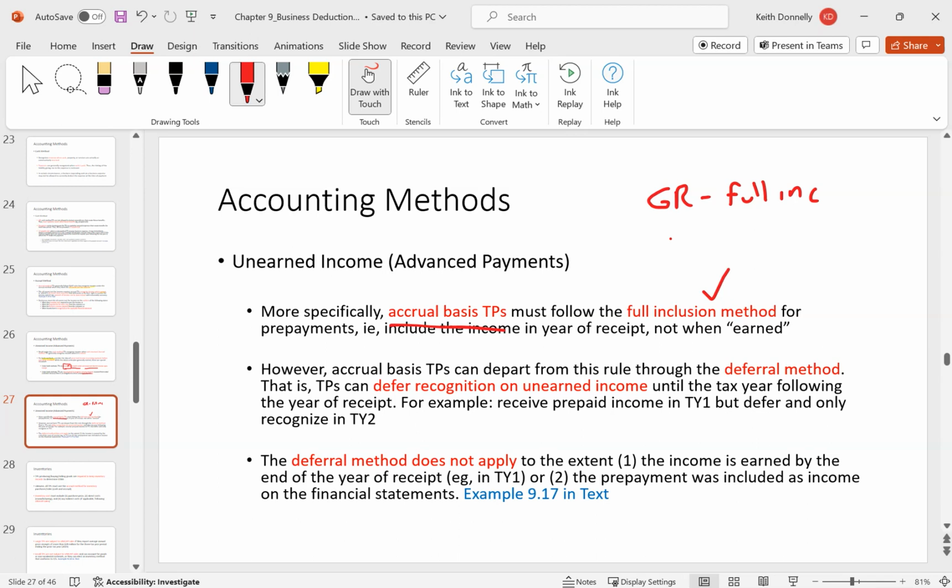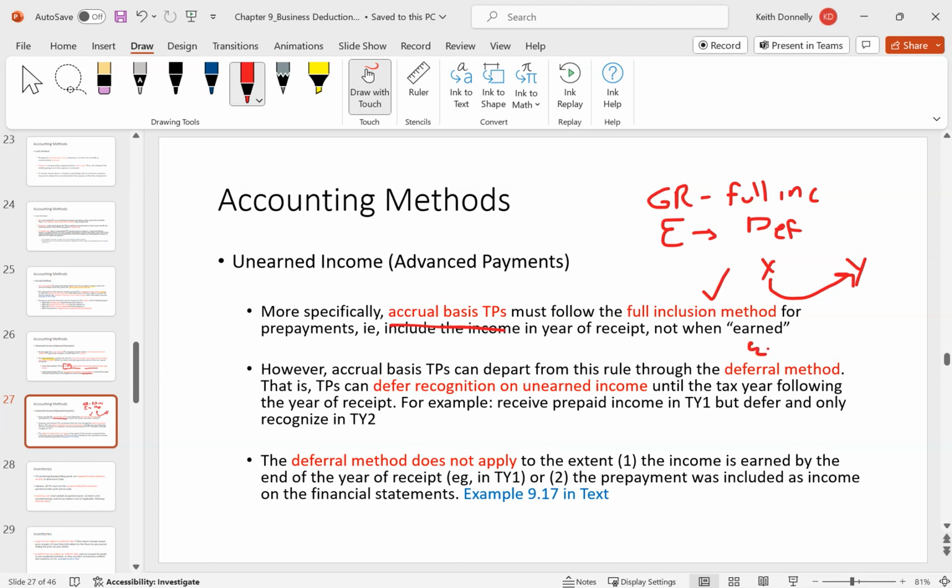They pay us in advance. The exception to this will be, in this case, the deferral method. They pay us in year one, but we get to kick the can into year two.